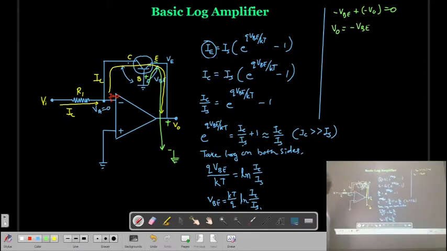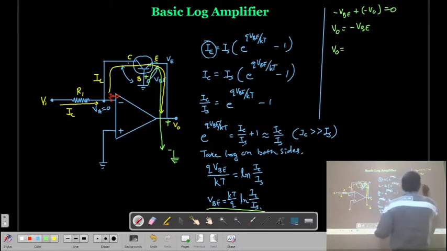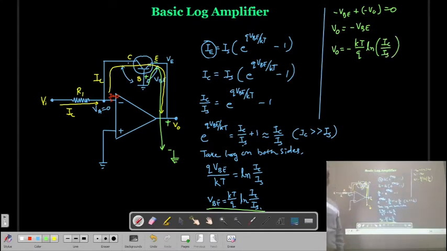Okay. So if we write this expression in terms of the output voltage, instead of VB, we write minus VB. So VO is equal to minus KT by Q ln IC by IS. Now, what is IC?